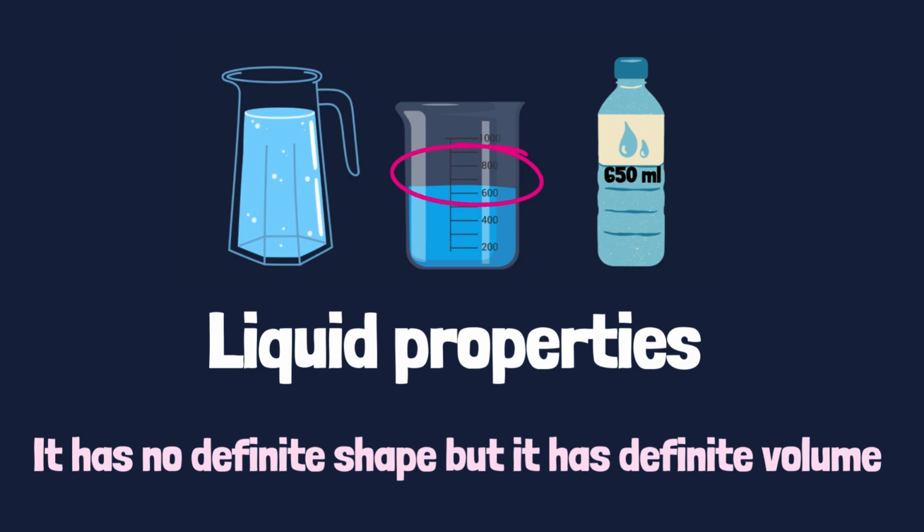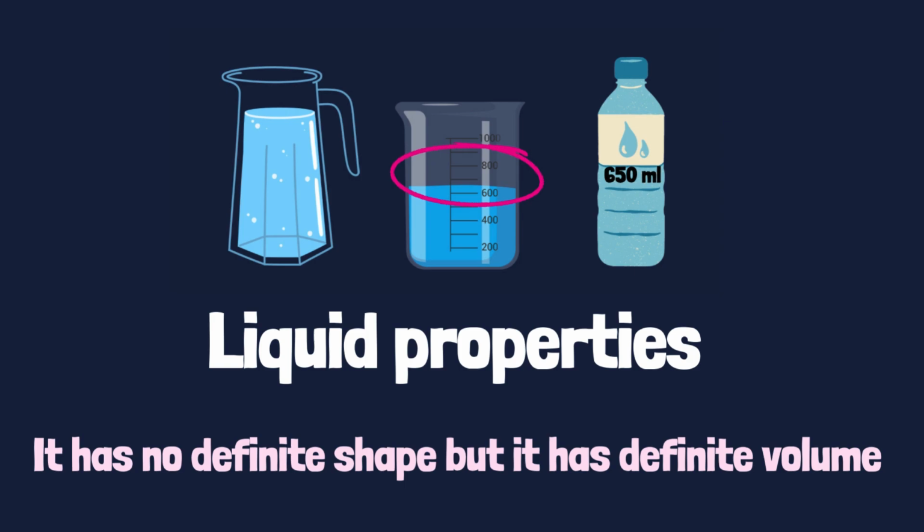But the shape of the liquid, is it fixed? Is it a definite shape? The answer is no, because here the liquid has the shape of the jar, and here the shape is like the beaker, and in the bottle, it has the shape of the bottle. So we can say the liquid has no definite shape.